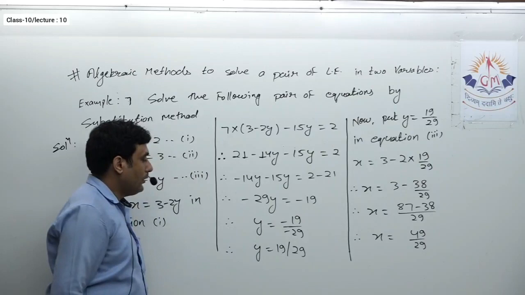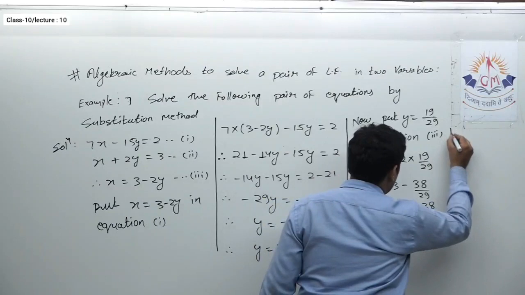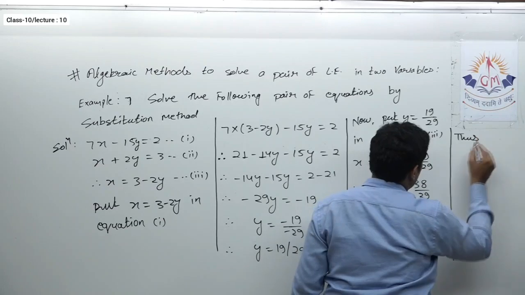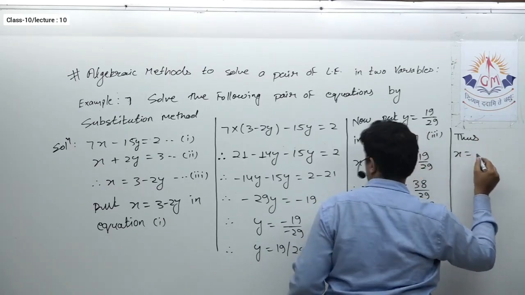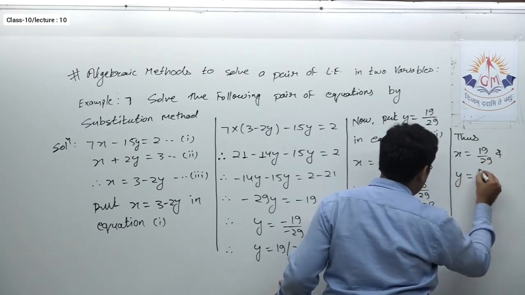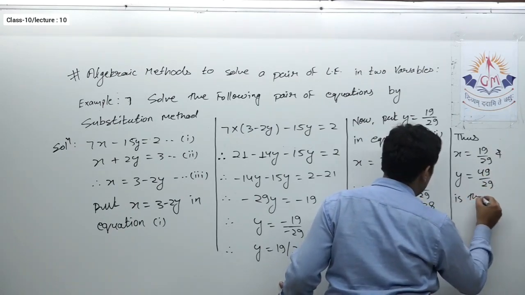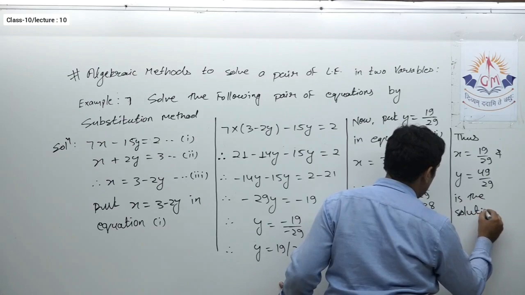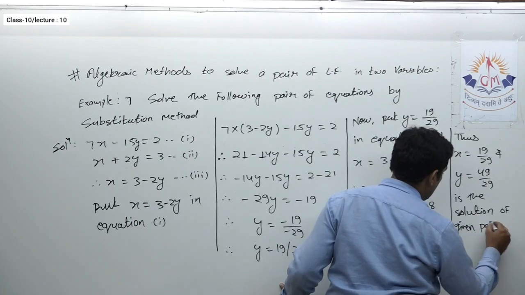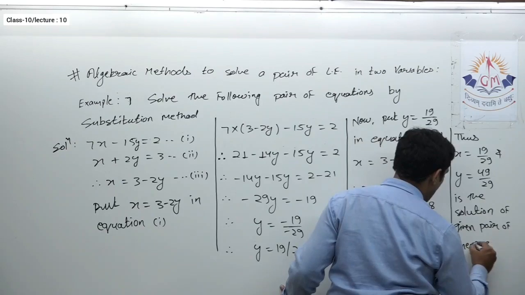Okay, so we can conclude in this way. Finally, you have to always write this line. Thus, x is equal to 45 upon 29 and y is equal to 19 upon 29 is the solution of the given pair of linear equations.